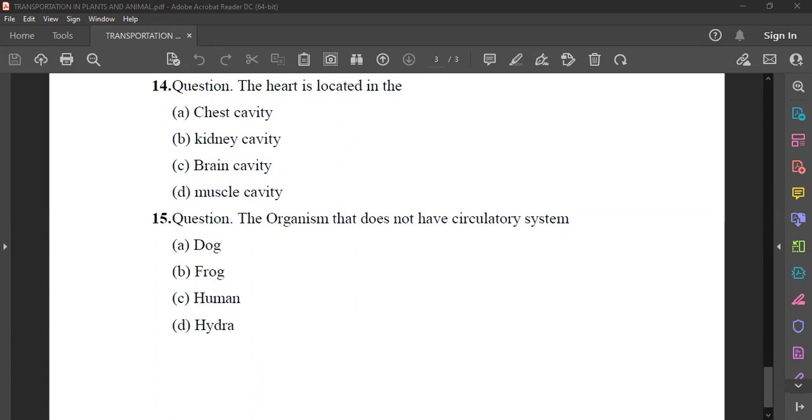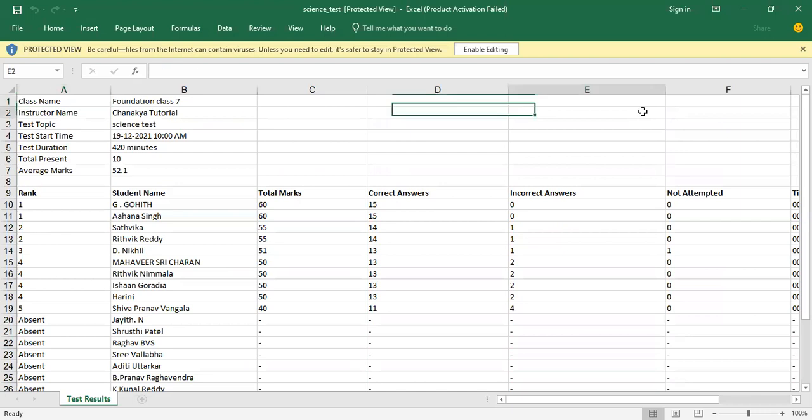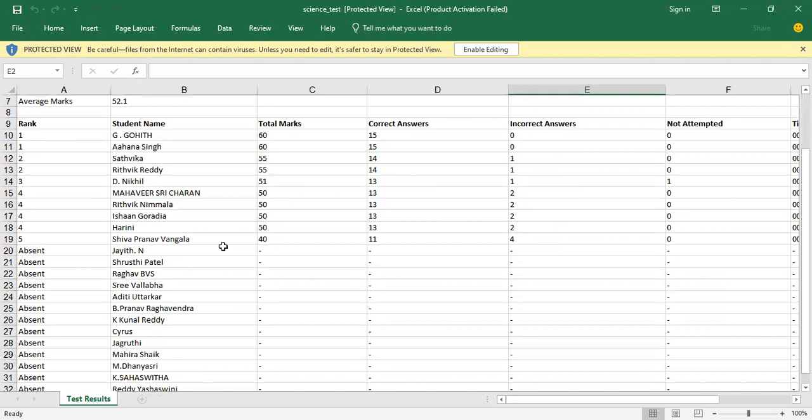Wait a minute. Okay. Sir, how did Nikhil get 51? That's not possible, sir. The only possible marks are multiples of 5. Sir, now can you see the screen? Yes, sir. Yeah, good. Go ahead. Congrats. Thank you, sir. And Satvika also, Ritvik, Nikhil. Sir, how did Nikhil get 51?